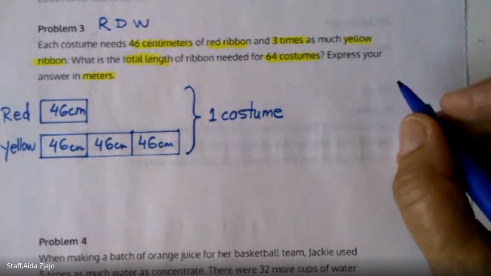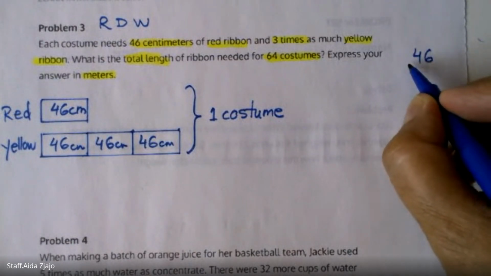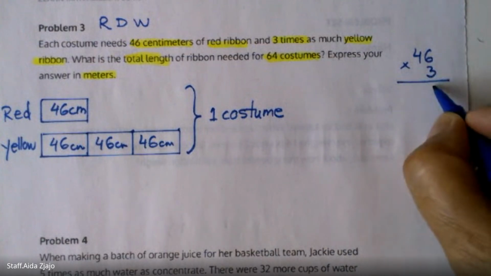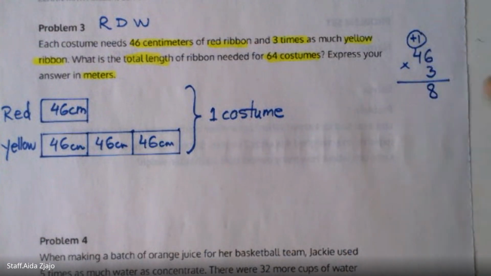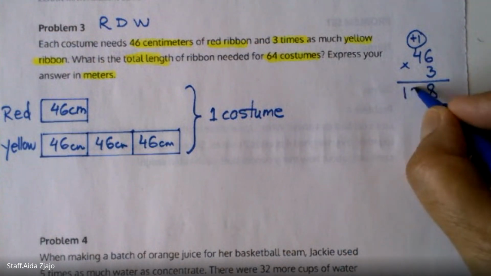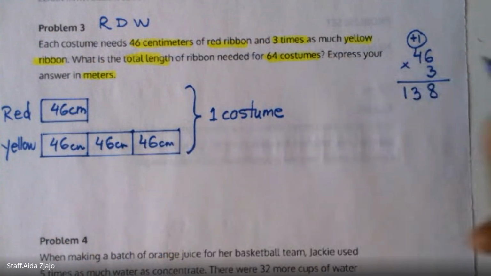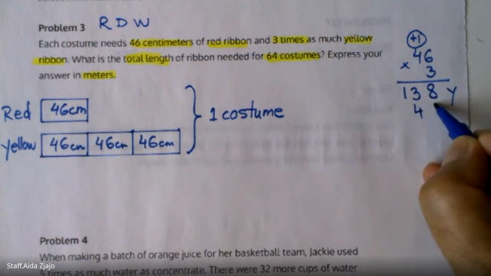Let's do 46 times 3. 3 times 6 is 18, I remember 1. 3 times 4 is 12, plus 1 is 13. So we can say that yellow is 138 and red is 46.